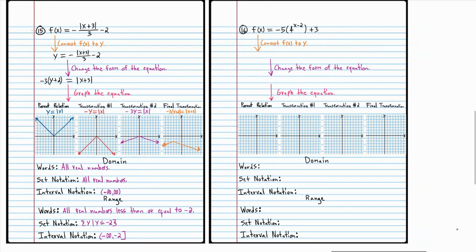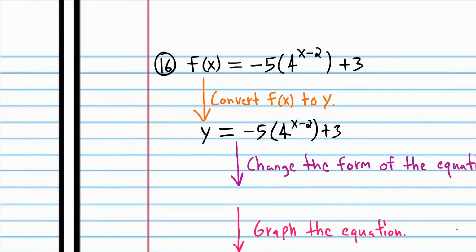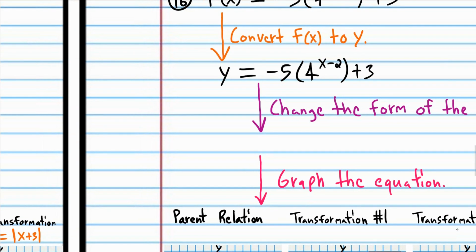Okay, we're back. As usual, we're going to replace f of x with y. And then we're going to subtract 3 from both sides and divide both sides by -5. And I'm going to write the negative next to the fraction.